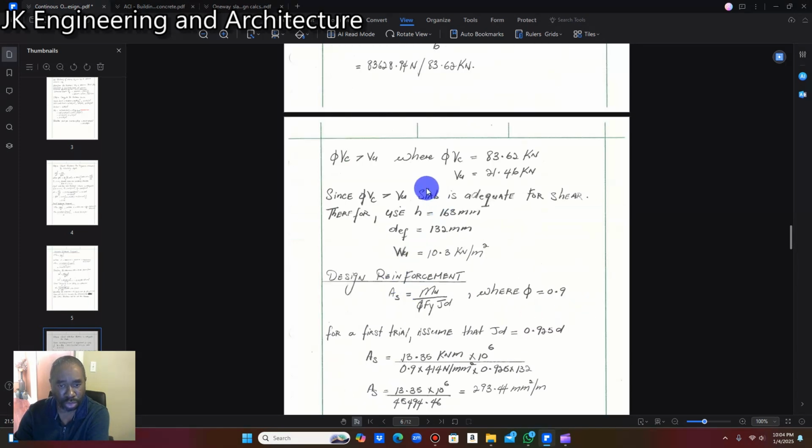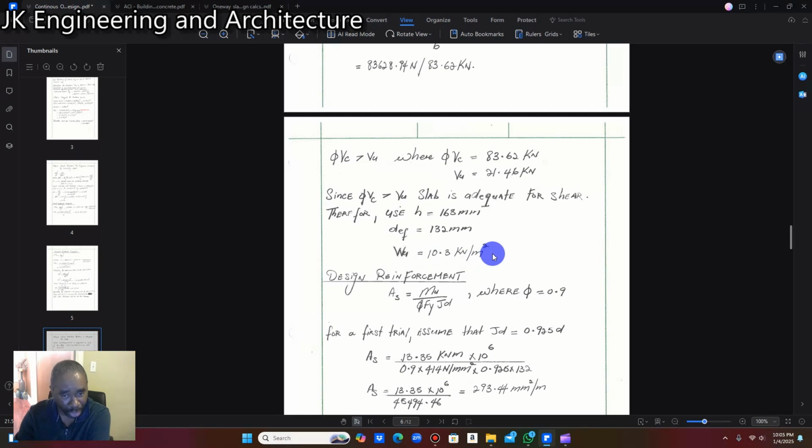Therefore, we can use our nominal height to be 163 millimeter, and our effective depth to be 132 millimeter, and our ultimate weight on the slab, which is the live load plus the dead load, is going to be 10.3 kilonewtons per meter square.